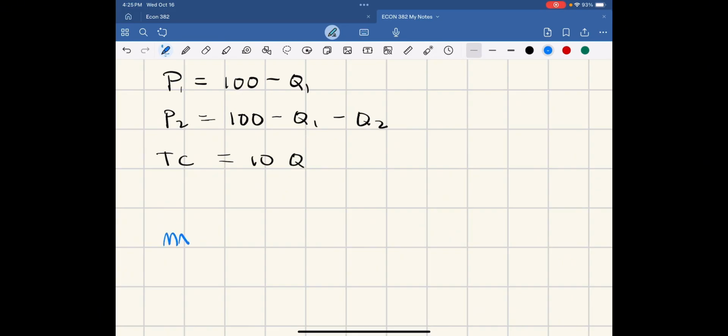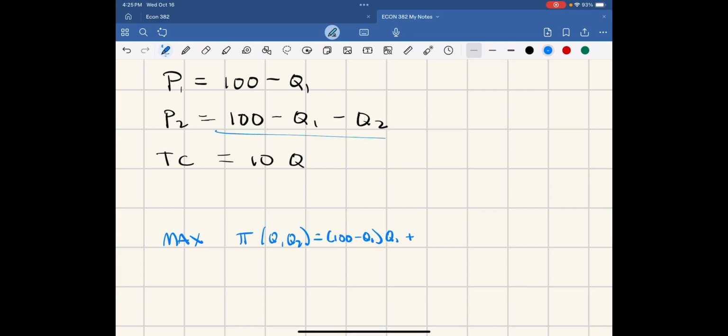So the firm is trying to maximize profits, which are a function of Q1 and Q2. And so this is going to equal P times Q, or P1 times Q1. So here is P1 here. So let's go ahead and just write that out. We'll have (100 minus Q1) times Q1 plus P2 Q2.